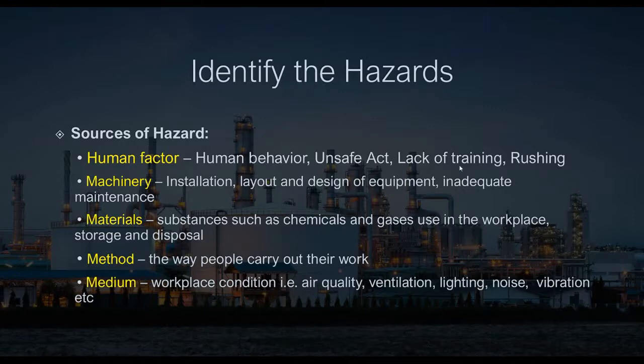That's why the training is very, very important, because we want to give the employee the knowledge on how to properly use any particular machine or do any particular work. And then the medium, the workplace condition: air quality, ventilation, lighting, noise, vibration, and etc. This is the duty of the employer to their employee.